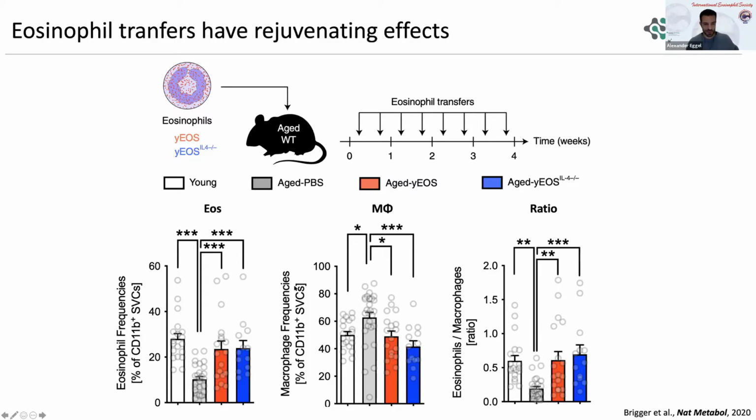Important to realize is that no matter whether the eosinophils are IL-4 deficient or sufficient, we see migration or restoration of eosinophil frequency, macrophage frequency goes down, and we have a complete restoration of the eosinophil to macrophage ratio in the fat of these treated mice.